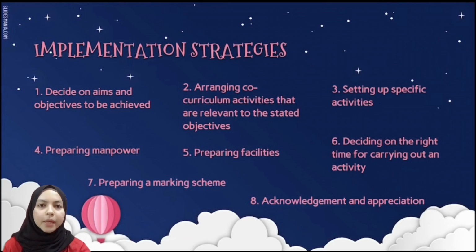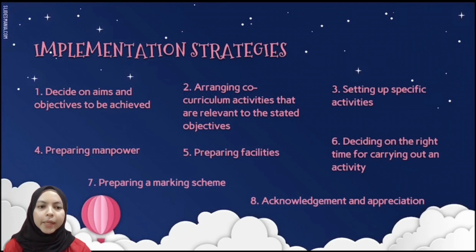Secondly, we must arrange co-curriculum activities that are relevant to the stated objective. This is because we need to achieve the aim and objectives of our activity. Then, setting up specific activities that are suitable depending on the aim and objective. After that, we need to prepare manpower to make the activity more organized.